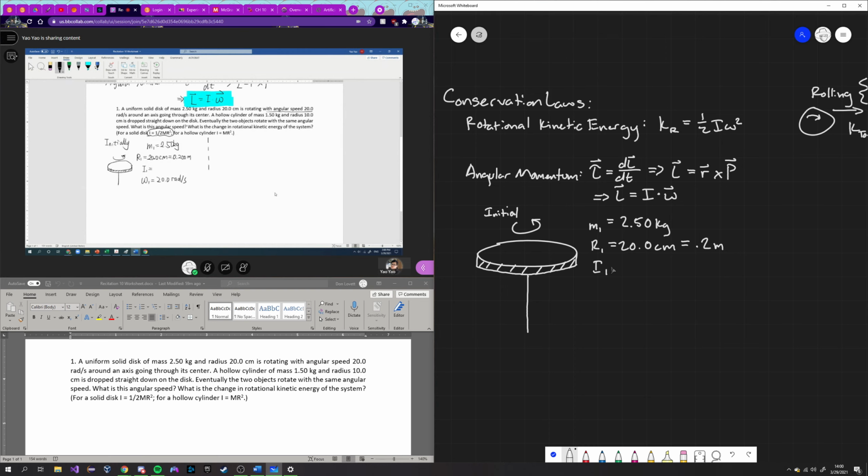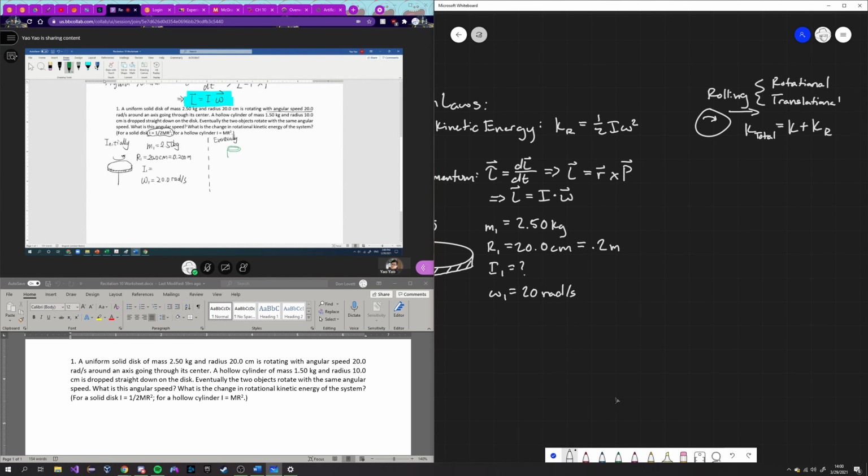After a while, eventually, you put a hollow cylinder on top of this disk, and the rotational system will become this way. So currently, you have a very thin hollow cylinder here, and the solid disk is still there.